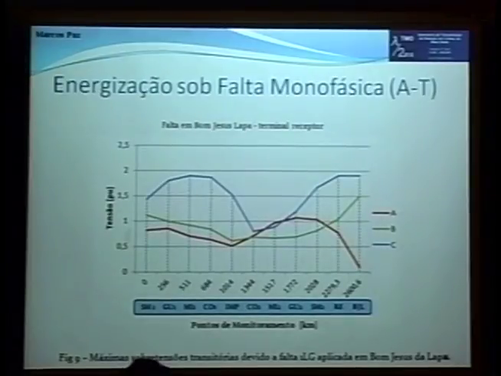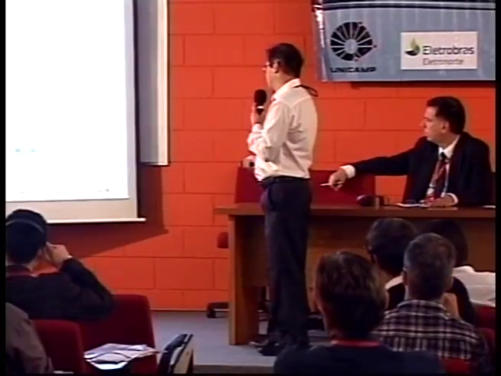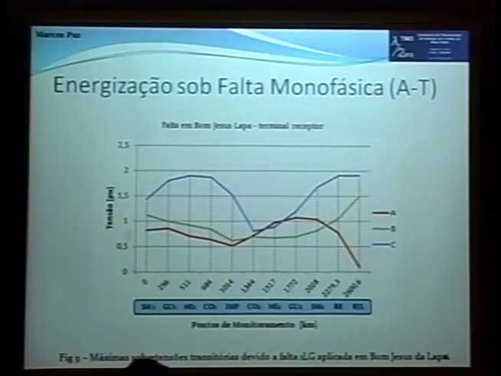And this would be the terminal fault in Bom Jesus da Lapa, in the receiver terminal, where this would be the most critical region for the single-phase fault, and in reality, the critical region for the single-phase fault starts in group 2, approximately from this point on to the end of the line. So for the applied fault on this point, in this region, we have higher overvoltages.